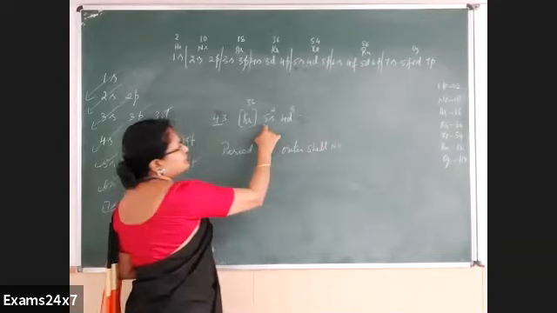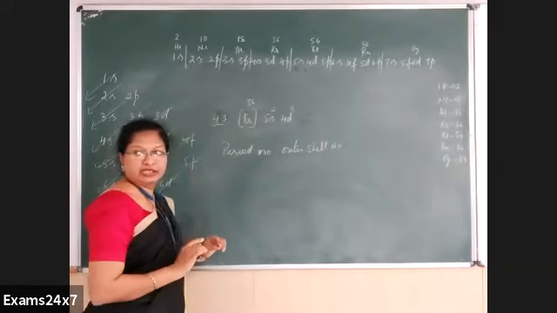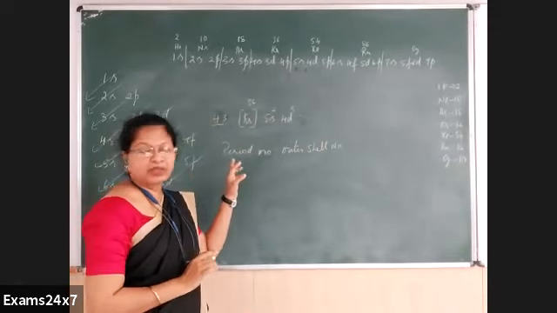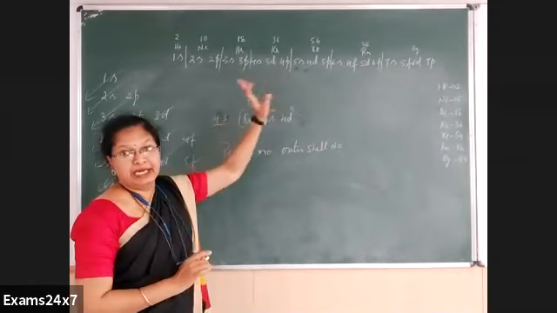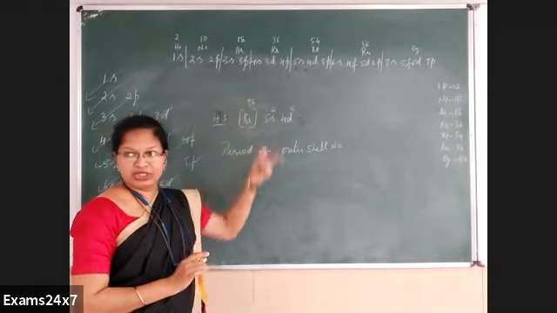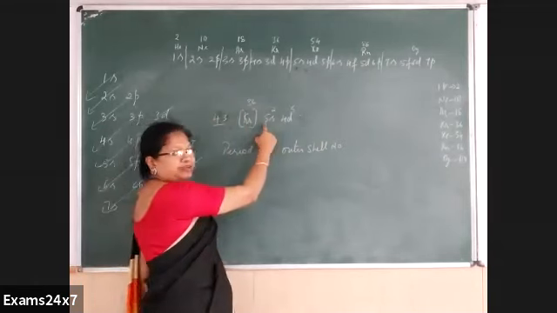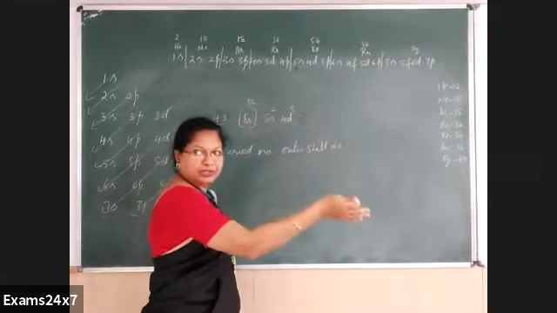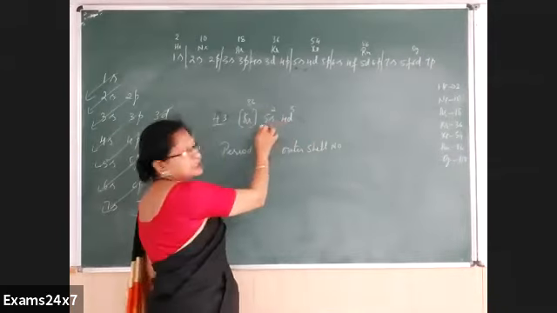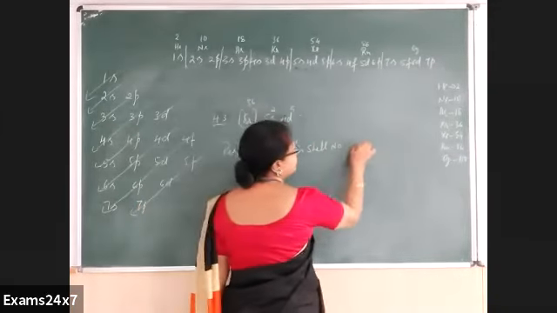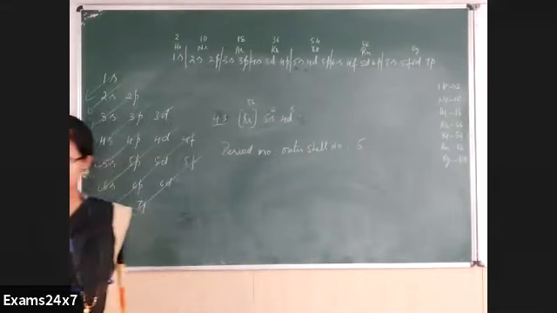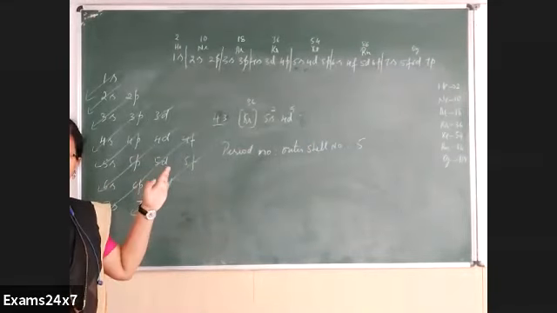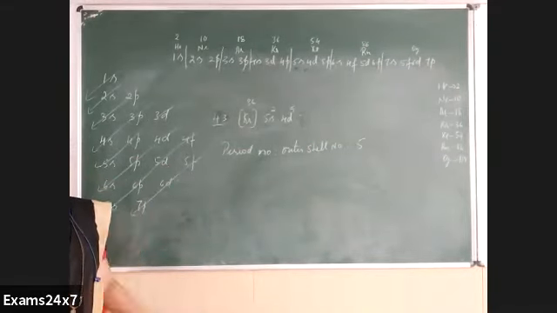Outer shell means whichever is the highest number n, the principal quantum number: ns, np, nd, nf. In that, the outer shell's number is 5. Don't say 4. 4 is outer? No. 5 is still outer. This is the fourth shell and this is the fifth shell. So period number should be 5. Whichever is the largest n, that stands for the period number.